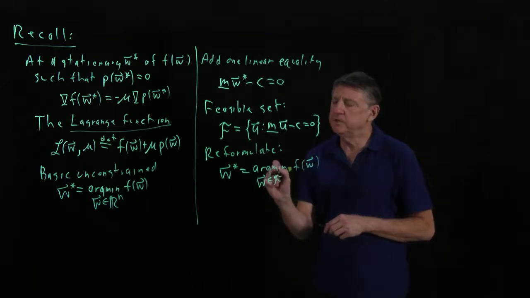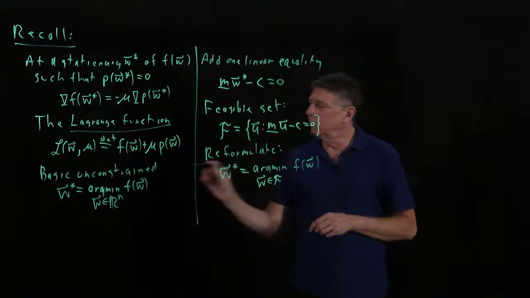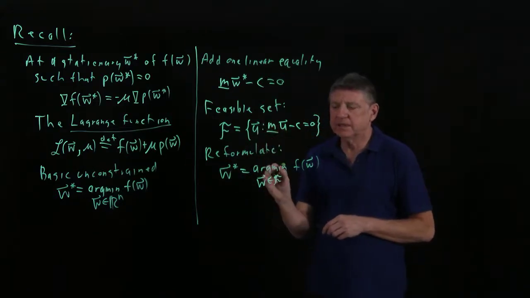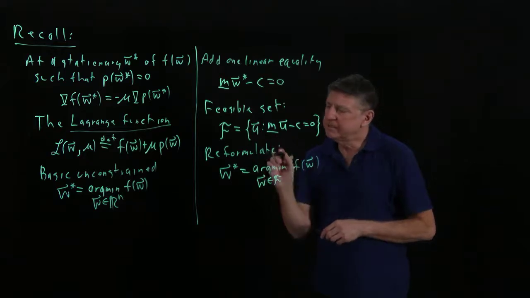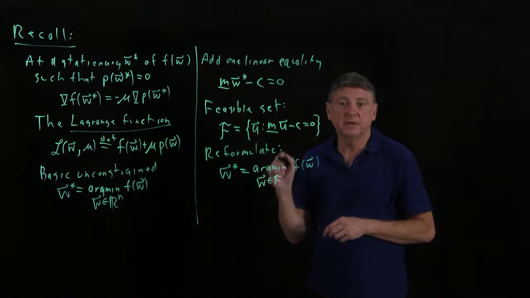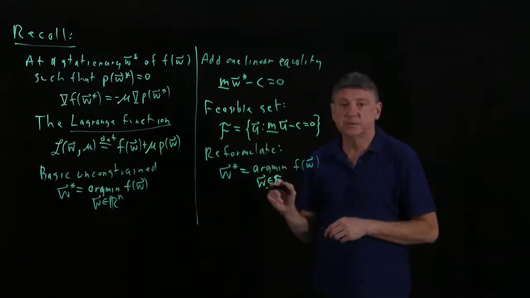And when we do that, what we're doing is saying let's take this constraint and plug it in. So this is one idea, that we can reformulate this optimization problem. One reformulation is as a feasible set.